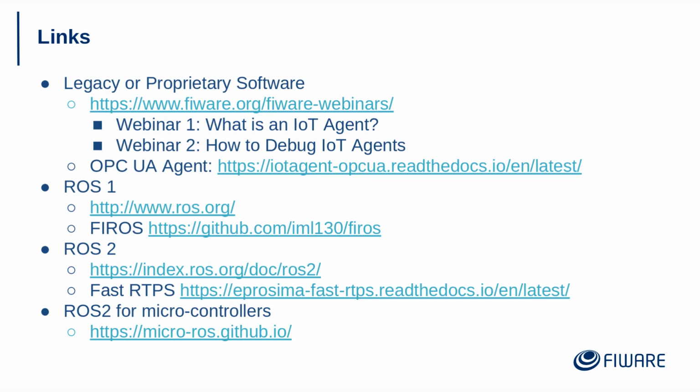If your option involved ROS 1, I recommend you to visit the official site of ROS and also to visit this link to the FIROS component. If you were in the ROS 2 alternative, I provide you also the link to the site and the link to the Fast RTPS component. On the other hand, and last, if your alternative was ROS 2 for microcontrollers, you also have here the link to access it.